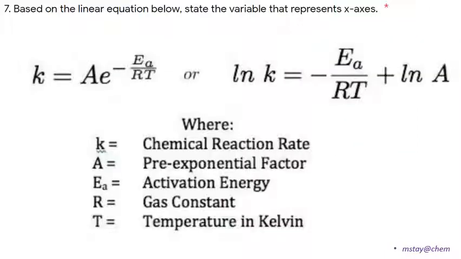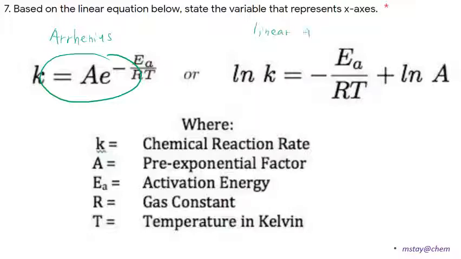Question 7. This is about the Arrhenius equation. So this is the original Arrhenius equation, so-called original. Okay, but then we will take log on both sides, so it will become ln k equals negative EA over RT plus ln A. And then we will relate this to the linear graph.